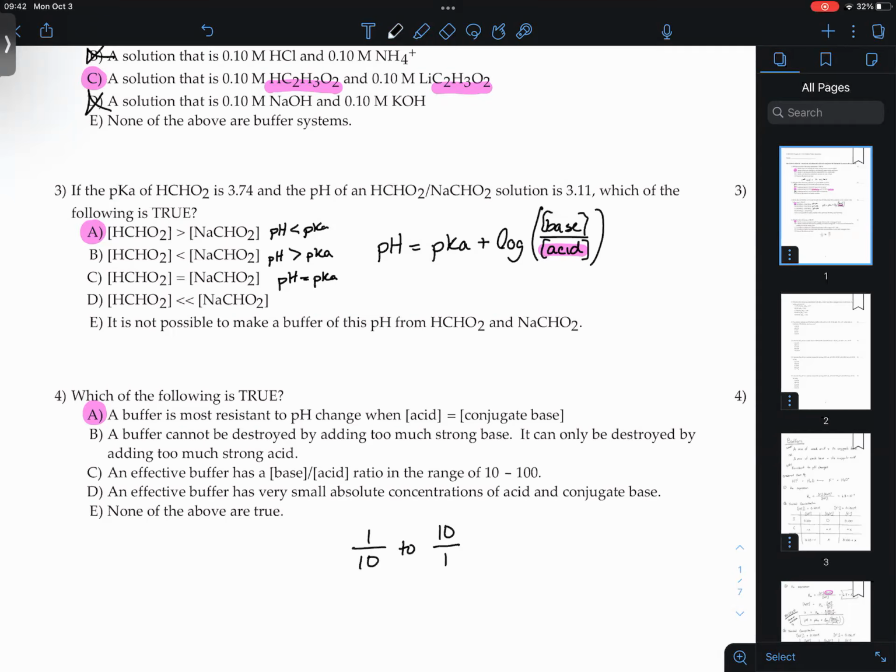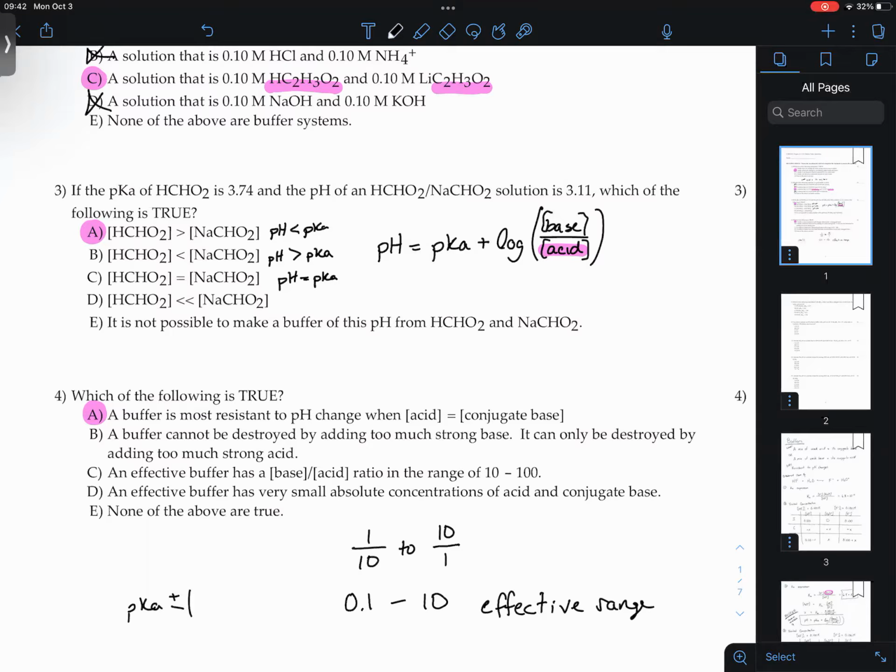To where the ratio of acid to base is 10 times more acid than you have base, or 10 times more base than you have acid. So this would be an effective range of 0.1 to 10. That's my effective range, which again, we said was the same thing as pKa plus or minus 1 unit.